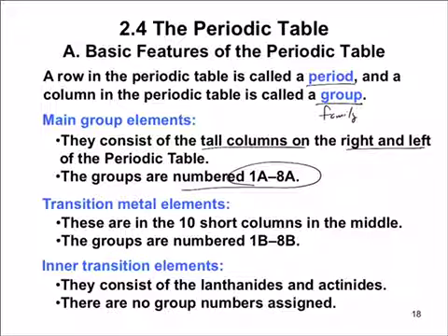The transition metals are the ones in the center, and they get a numbering 1 through 8B. The inner transitions are the guys that are at the bottom of the periodic table. Now, they're the lanthanides and the actinides, and they have no group numbers assigned to them. They are fascinating atoms, but they don't really fit the periodic table scheme. So just keep that in mind.